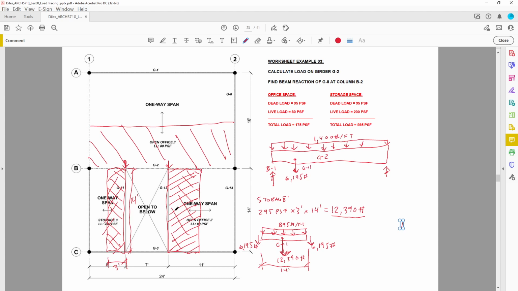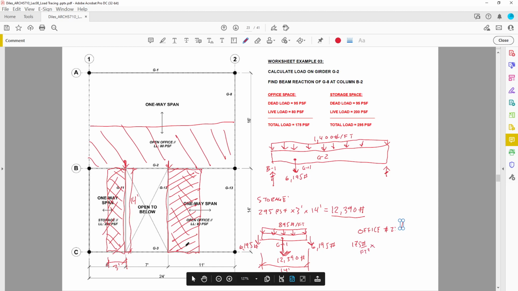Okay, let's look at G12. So G12, that is another office space. So let's call this office number 2 down here. And so we have this 80 plus 95, that's our 175 pounds per square foot for our office spaces.